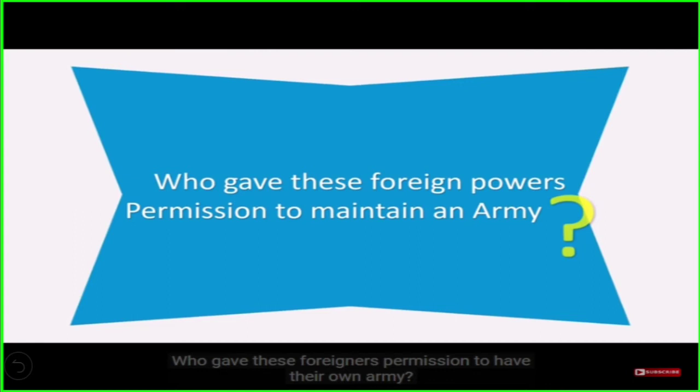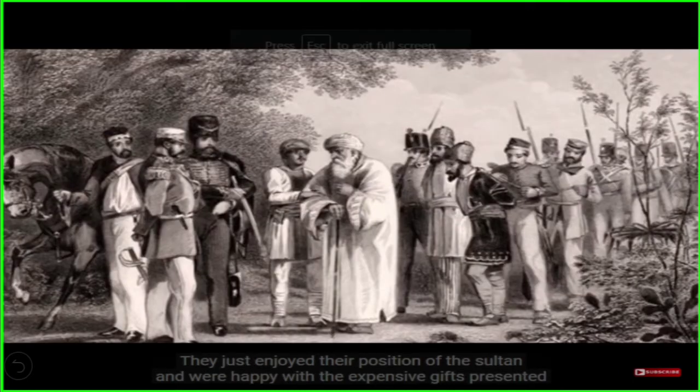They maintained their army also. But who gave these foreign powers permission to maintain an army? It was the Mughal emperors, who were happy. Why did they give the permission? Because they were quite happy with the expensive gifts and the monetary support given to them by the Britishers.